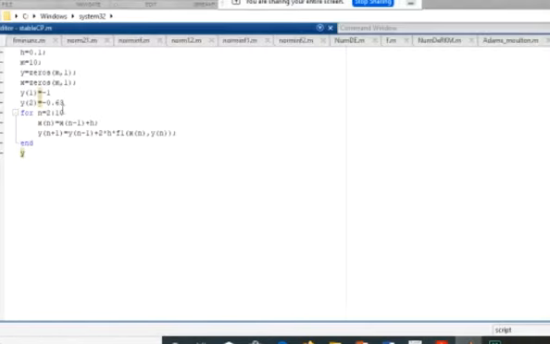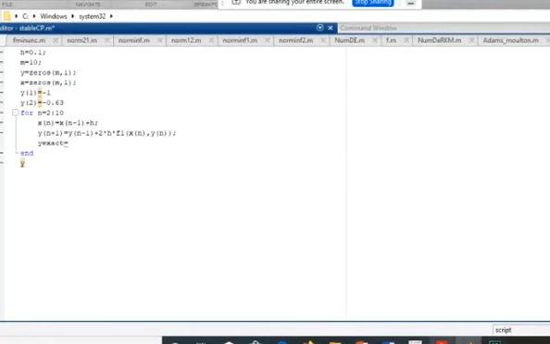You can also find the analytical values, the exact y.